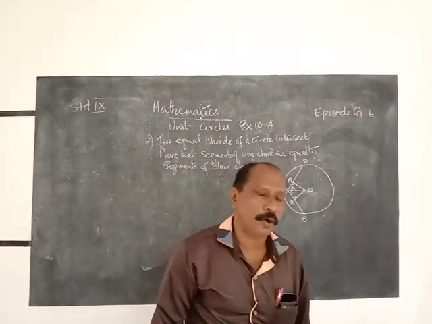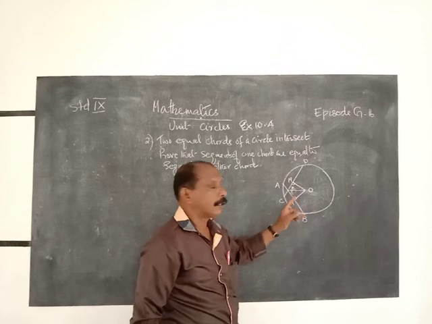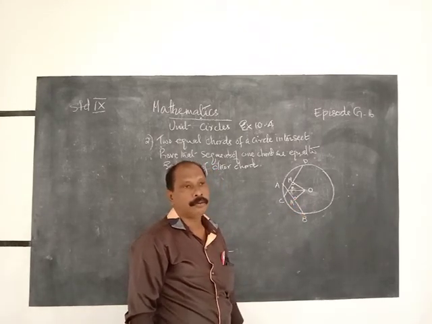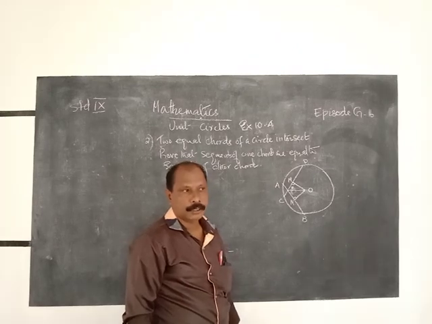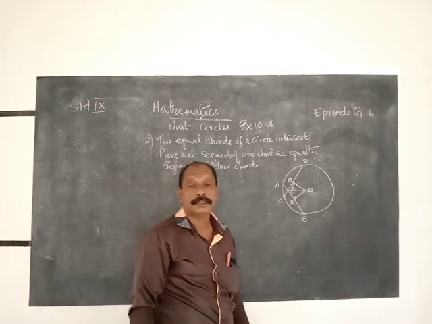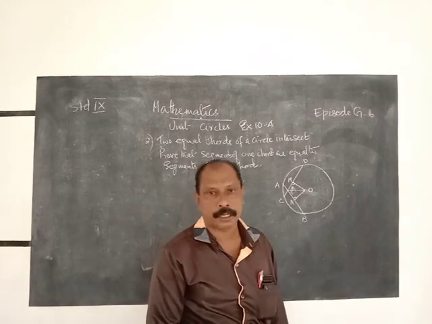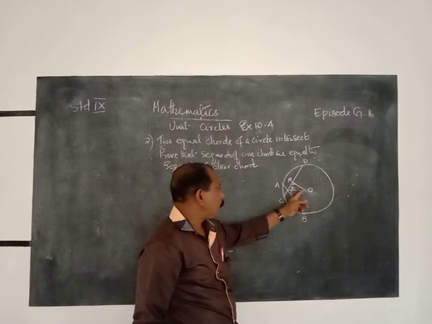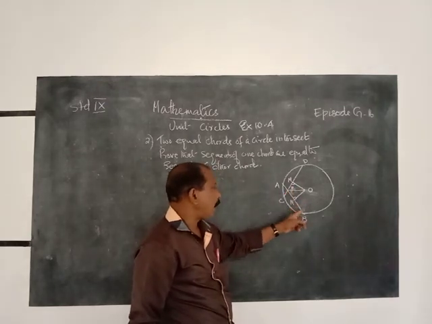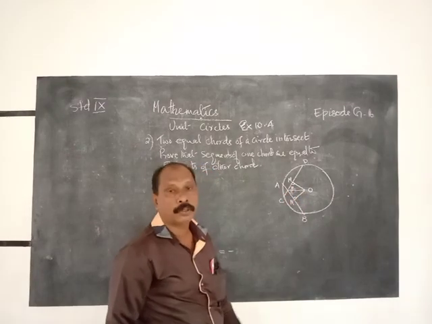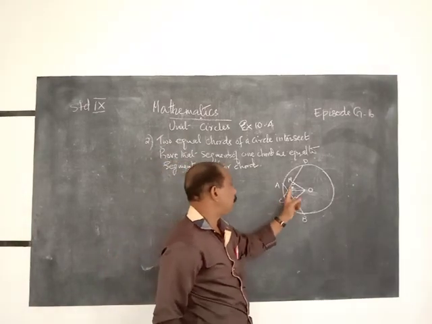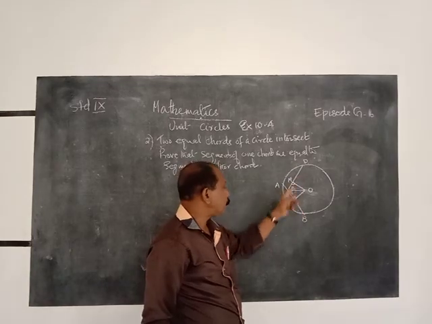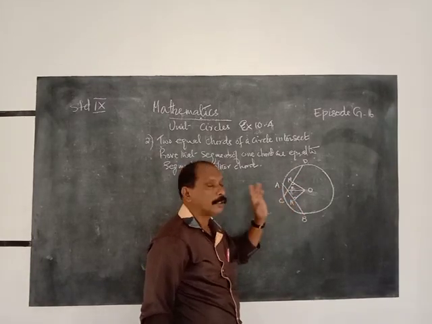They are common. Therefore, these two triangles are congruent by the RHS theorem, that is right angle triangle, one side and hypotenuse. The sides are always equal by CPCT, the corresponding parts of congruent triangles. That means we can prove that OMP and ONP are congruent triangles. Therefore, PM is equal to PN. Then these two are equal, therefore AP is equal to CP. That is the answer.